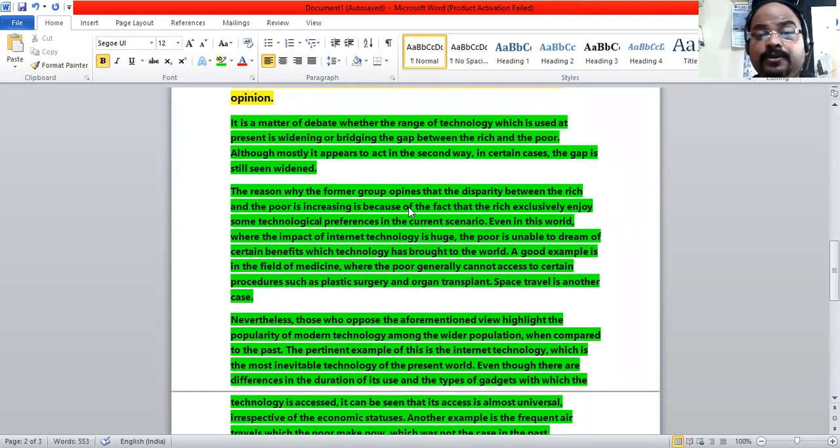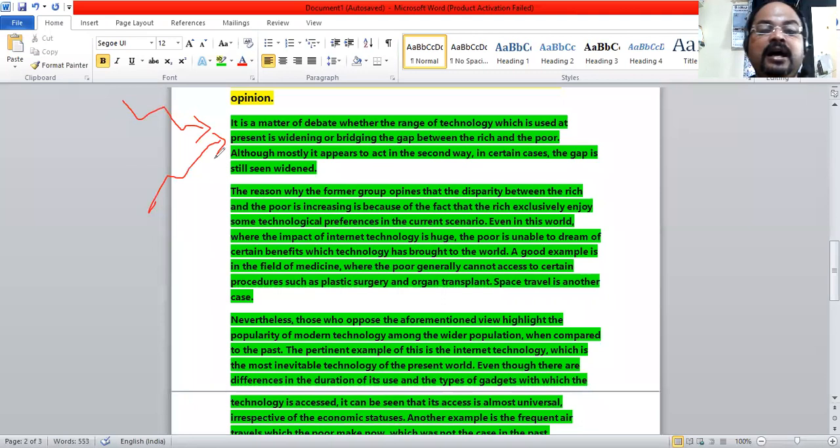So first of all, we need to present the topic in the first sentence. In the introduction, we have said that it is a debate. There is an argument whether the range of technology which is used at present. This is a very important focus, that is, at present. So it is not dealing with the past and it is not dealing with the future.